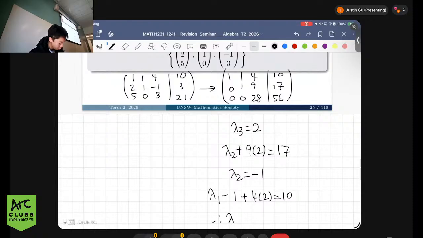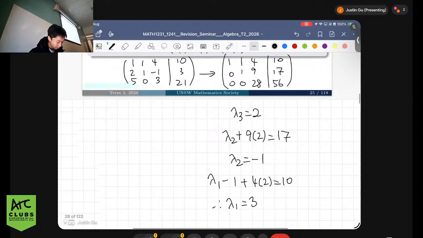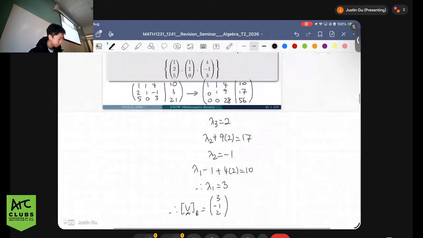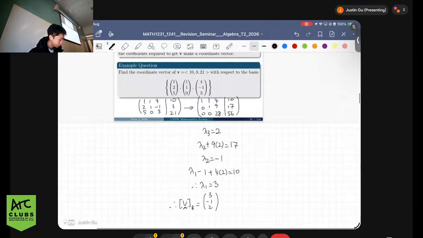So therefore lambda 1 is equal to 3. And so therefore our coordinate vector is just 3, minus 1, 2. Any questions? We're just finding the coefficients and putting it into a vector.